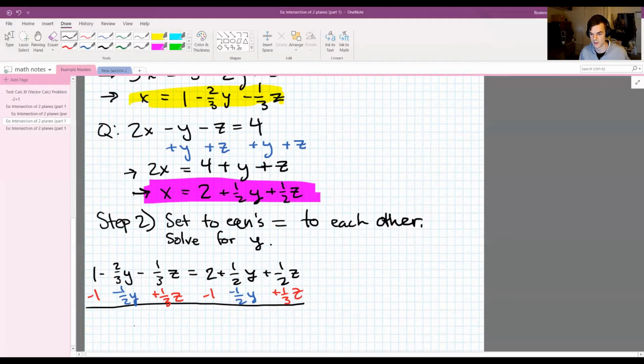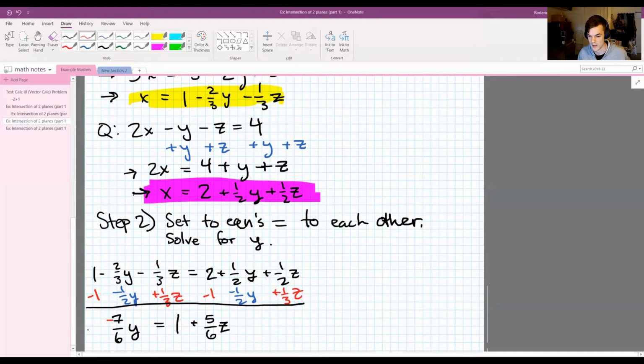So the 1 cancels. Minus 2/3 y minus 1/2 y. So this is like 2/3 plus 1/2. You can try that out on your own, but we're going to get minus 7/6 y. The z cancels, equals 1. 1/2 z plus 1/3 z is 5/6 z.